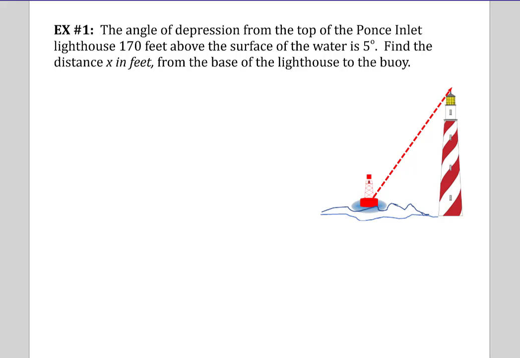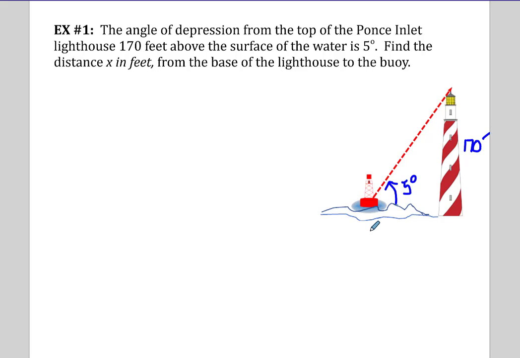Let's say the angle of depression from the top of the Ponce Inlet Lighthouse, which is 170 feet above the surface of the water, is 5 degrees. So we know that this angle right here between the water is 5 degrees, and that the lighthouse itself is 170 feet in height.